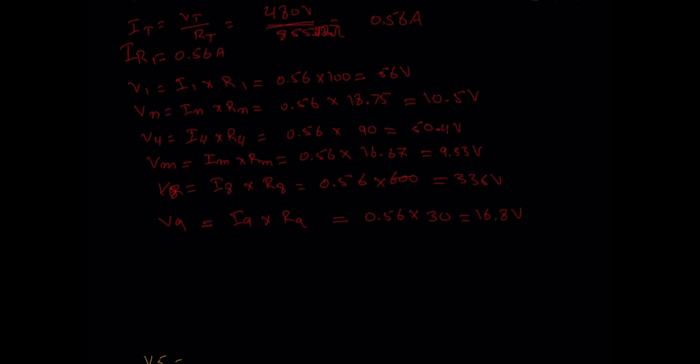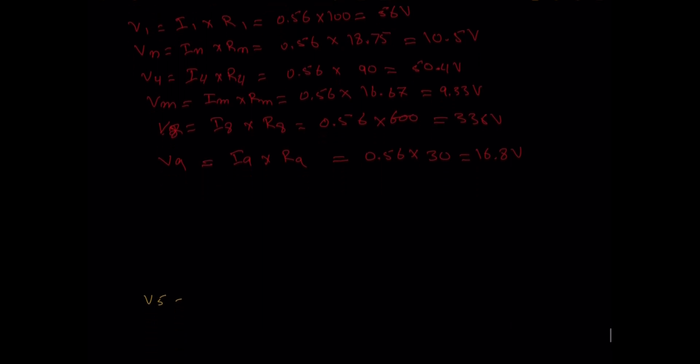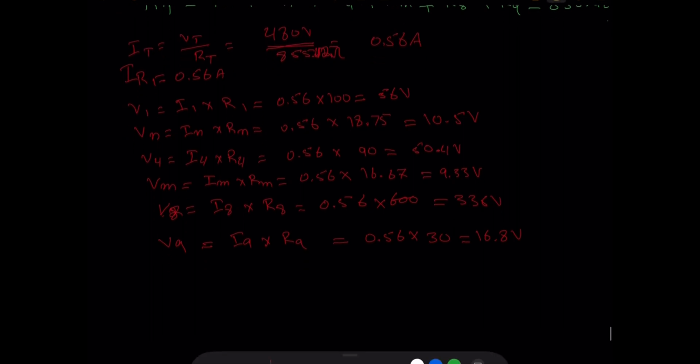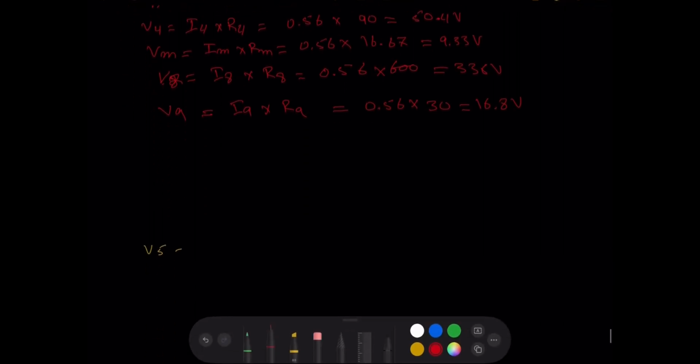So it's roughly 56 plus 10 is 66, then 116, 125 becomes 126, then 142, and that becomes almost 480 volts, which is correct for now. Now we will have to redraw this circuit. We will put the original circuit back there to make things easier.